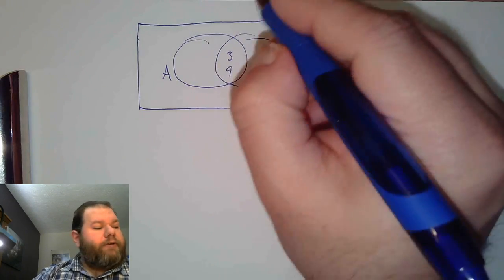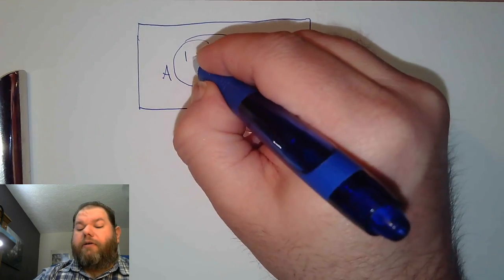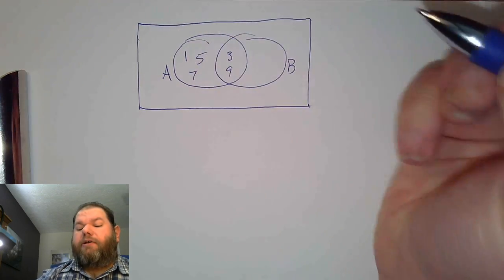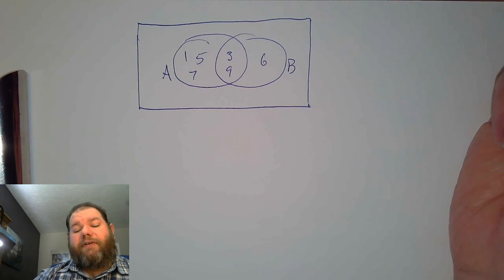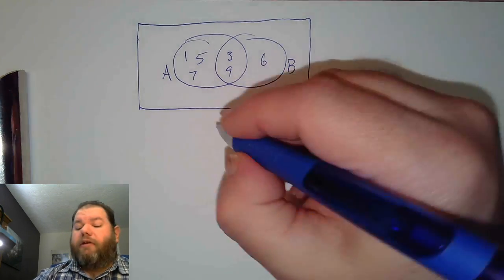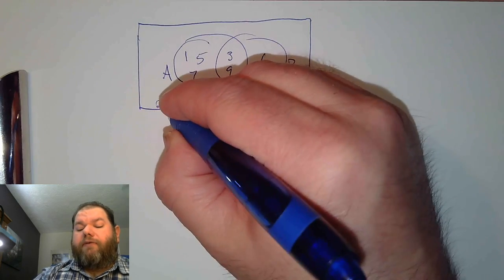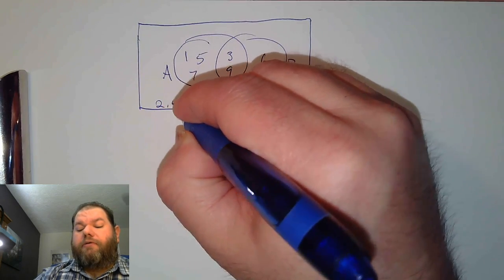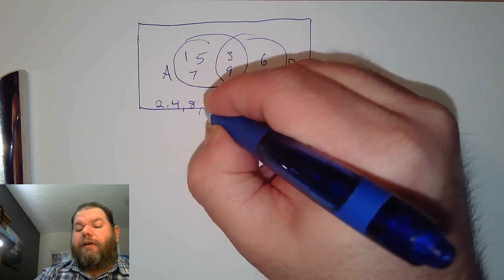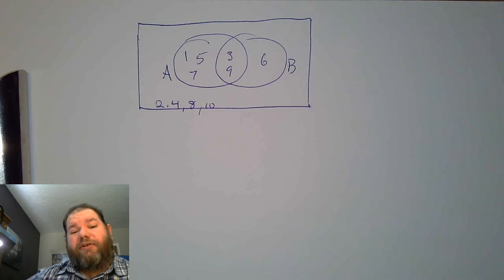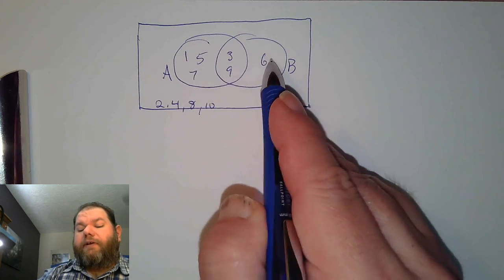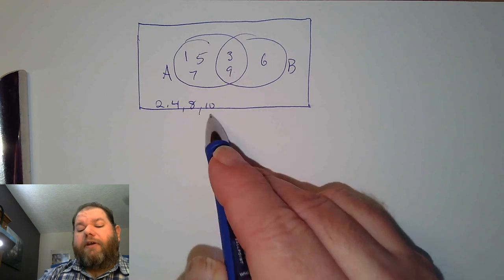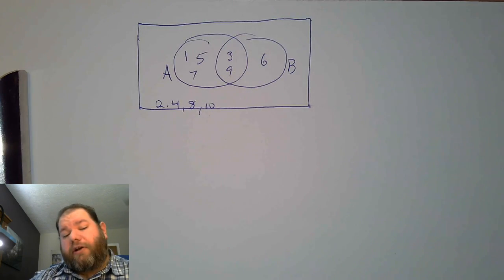Event A is also successful for 1, 5, and 7, and event B is also successful if we have the value 6. Outside of those, we have 2, 4, 8, and 10, for which neither event is successful. Okay? So we have 1, 2, 3, 4, 5, 6, 7, 8, 9, 10. All 10 numbers are represented in our diagram.